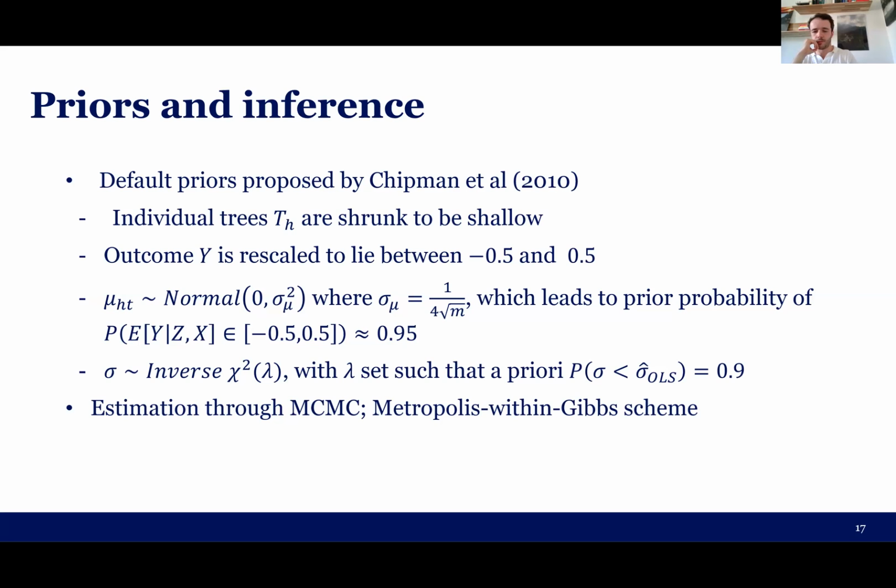That prior simply expresses that belief, and thus also shrinks the standard deviation to 0. The estimation method I also will not talk about in detail, but it's simply a certain kind of MCMC sampler where the trees are drawn through Metropolis proposals, and then all the other parameters are updated through Gibbs sampling.